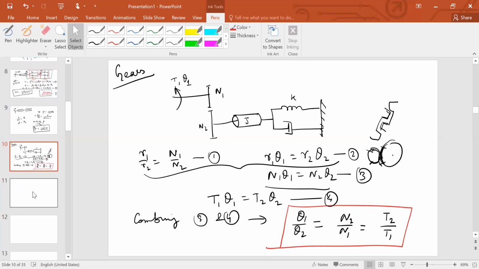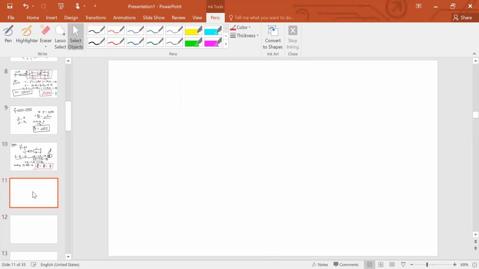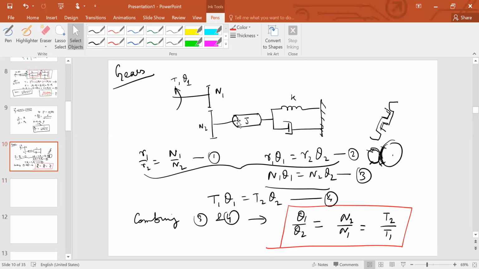Okay, so let's now consider this particular figure that we had here. If you are transferring this torque from this side, let me just call it T1. If you're transferring T1 across this gearbox, this gear mechanism, to this side, what will it transform to?